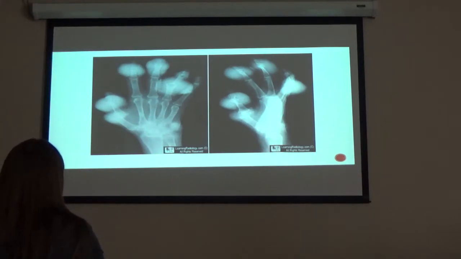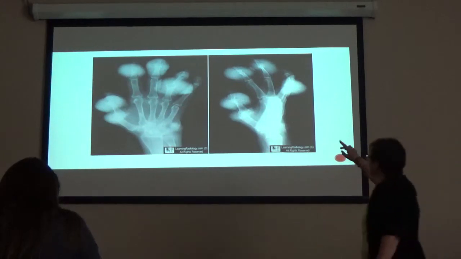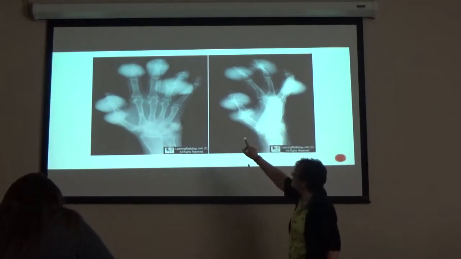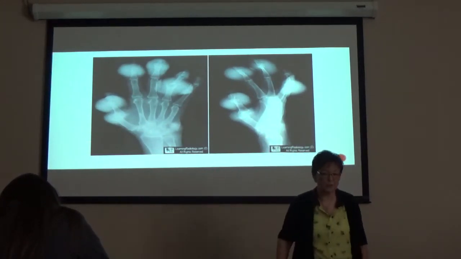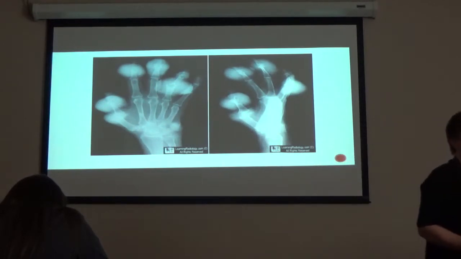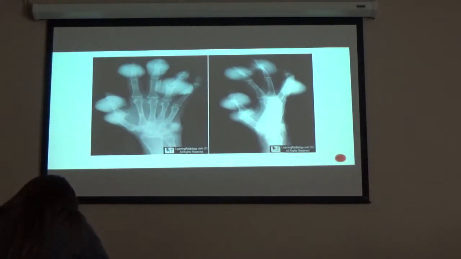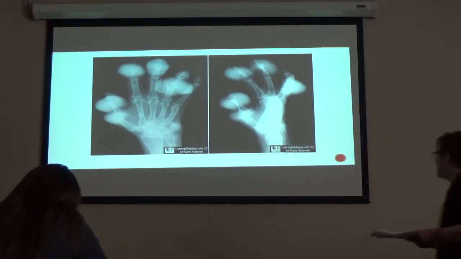So the joint space in a lot of those is destroyed. You see some granulomatous changes around there. You can see, it's probably too small, but you can see erosions. That would be in chronic gout; you wouldn't see that early on, but when people have repeated attacks, you're more likely going to see those changes.